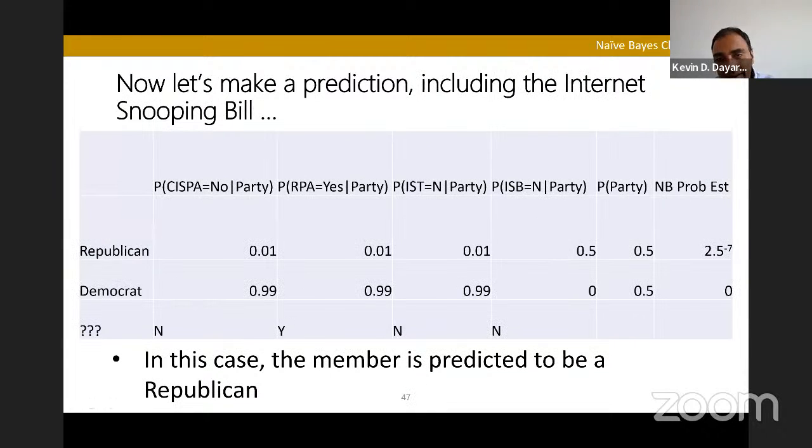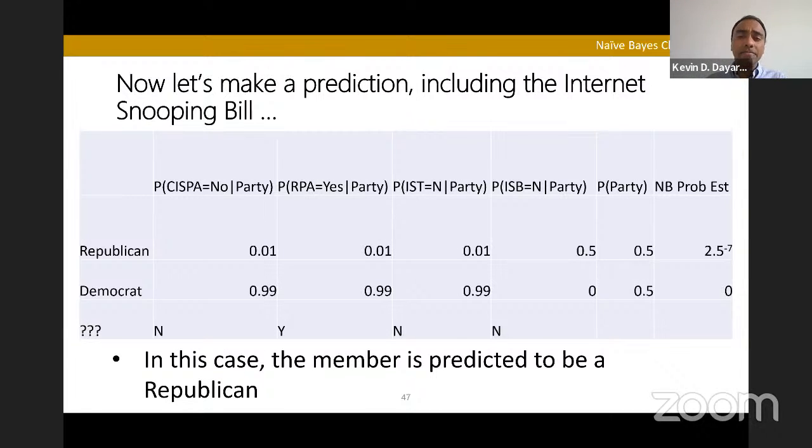Now, here's the thing though. This is starting to look like a very, very useful tool. But things don't always pan out so nicely in the real world when you are engaging in statistical modeling and data science. Let's bring into the picture another bill, the Internet Snooping Bill.